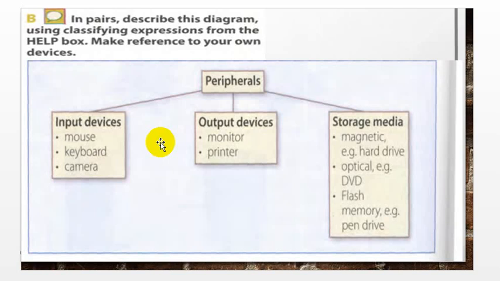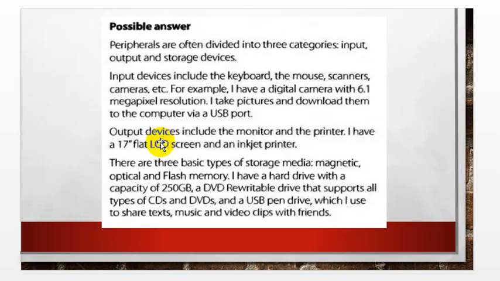Output devices include monitor and printer. There are three main storage device media: magnetic, example hard drive; optical, example DVD; flash memory, example pen drive. I use here there are, and you can see the examples here as well.